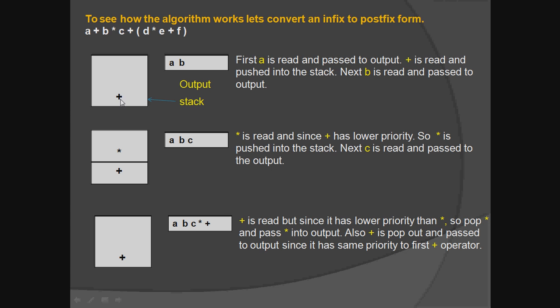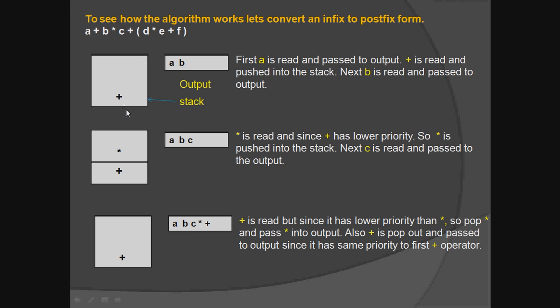Next the variable b comes, so b is read and passed to the output. As written in the algorithm, the operands are passed to the output, but the operators or symbols are pushed into the stack based on priority levels. So by the end of this first round, the plus symbol will be in the stack, and a and b will be in the output.